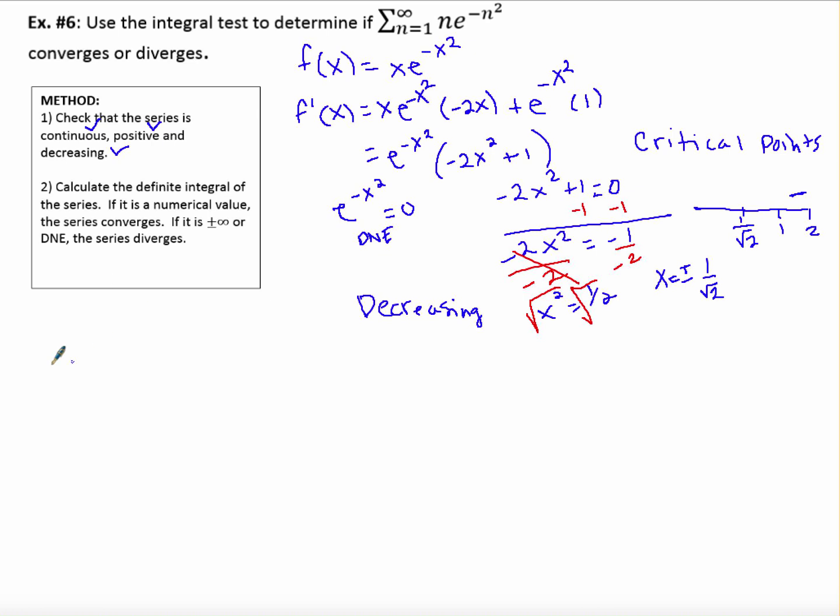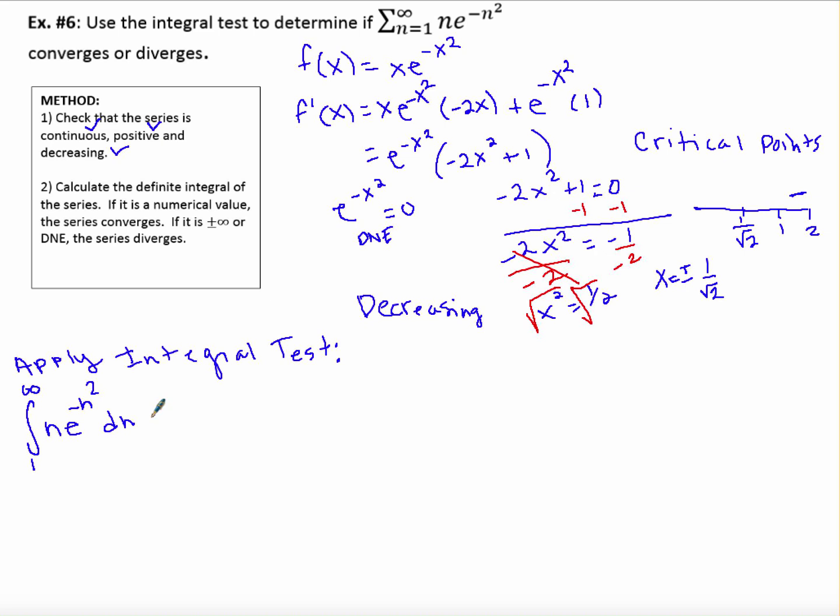Okay, so now let's move on to step 2. Now we're actually going to be able to apply the integral test. So here we go. We're going to take the integral from 1 to infinity of n e to the negative n squared power dn.